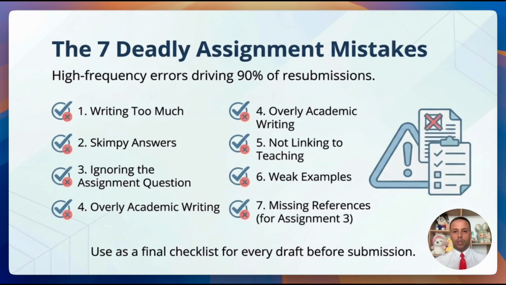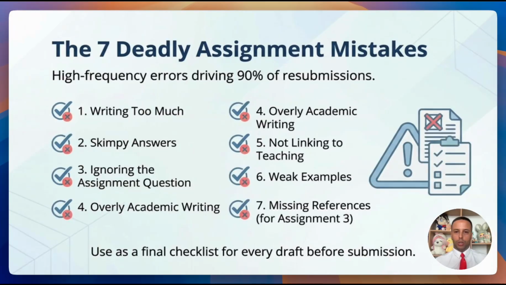If you haven't, you may be asked to do it. So use this as a checklist before you submit any assignment. Run through these 7 and adapt or adjust if needed. If you can tick them all off as not applicable to your work, you are in good shape.